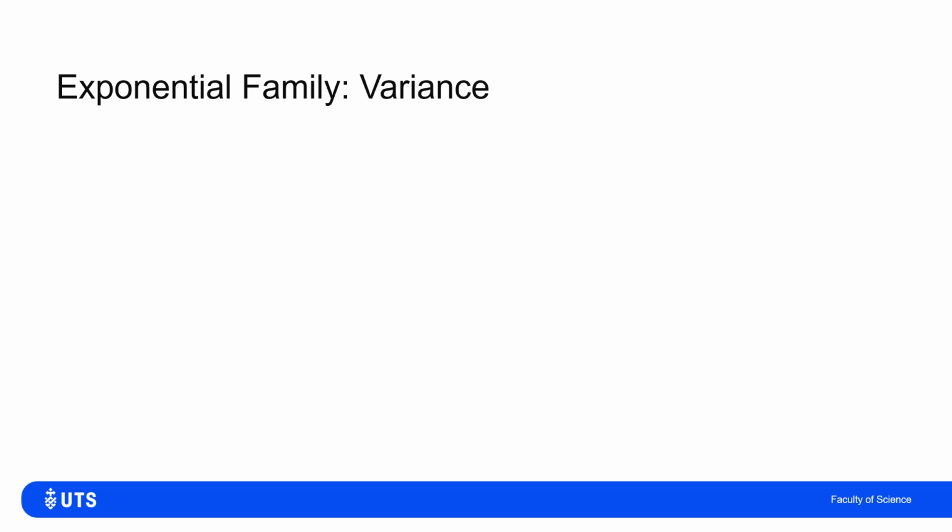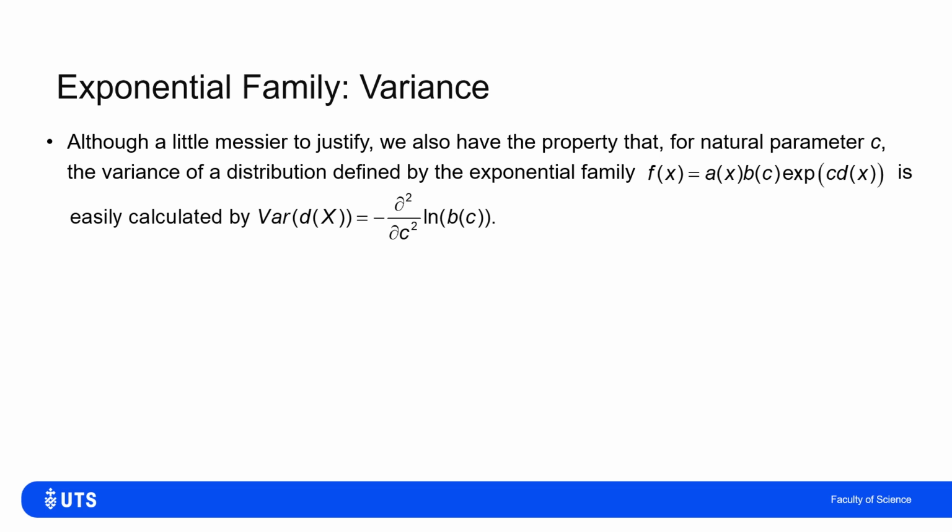We can also do the same for the variance, or do something similar. It's a little bit messy, but by similar arguments, I won't go into it in the same level of detail. But in the same way as I could get the expectation of d of the variable, I can get the variance of d of the variable, and in this case, I don't just have to differentiate log of b of the natural parameter once, I have to differentiate it twice.